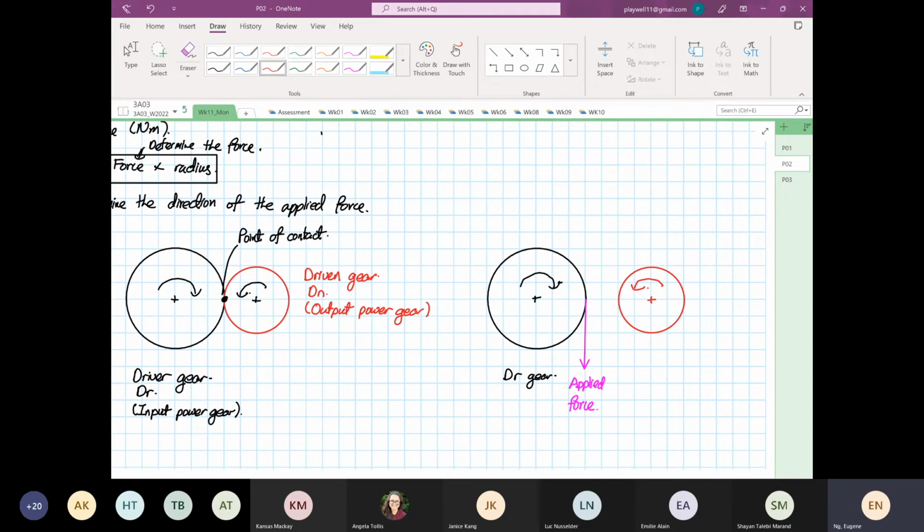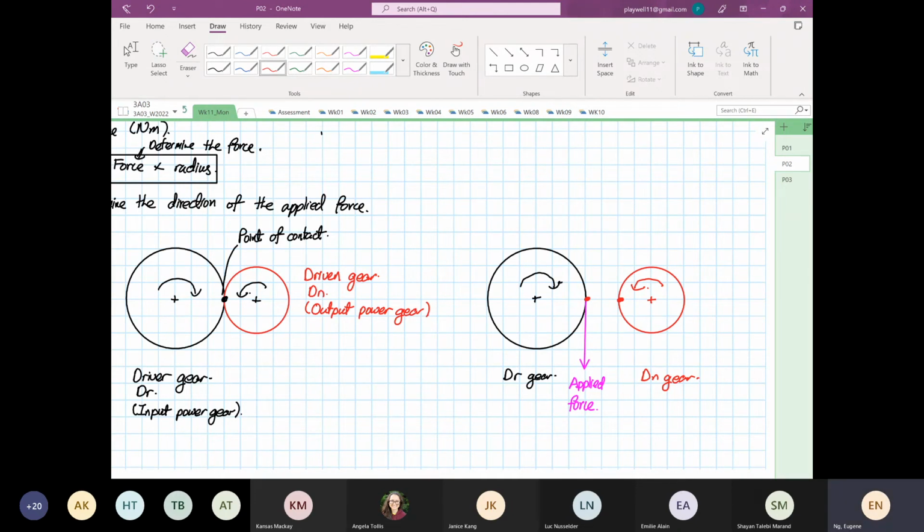Because I split the gear up, these are our points of contact. The question is, in the driven gear, in our DN, what is the direction of the force? Going up or coming down?